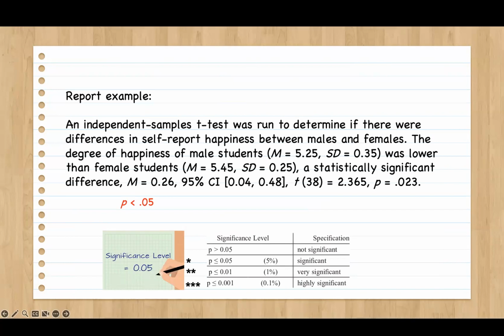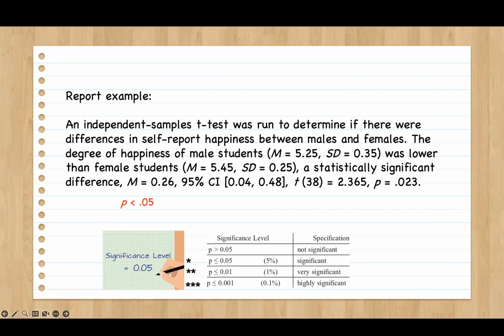A statistically significant difference of 0.26, with a 95% confidence interval of 0.04 to 0.48. The t-value is 2.365, the degrees of freedom is 38 in brackets, and the p-value equals 0.023. We'll just write p is smaller than 0.05.